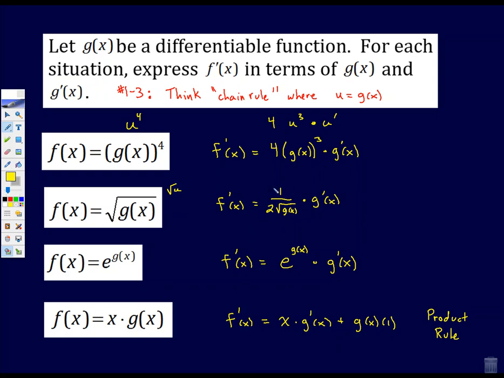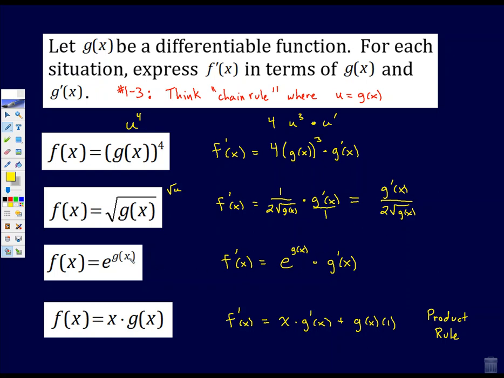Then there's the derivative of u, g prime. So my f prime is 1 over 2 square root of g of x, times g prime of x. You could also write this as g prime of x over 2 square root g of x, because you're just combining two things here. This is like over 1.